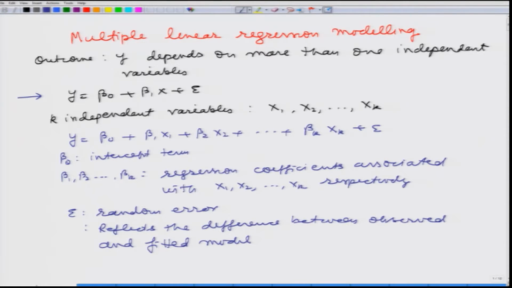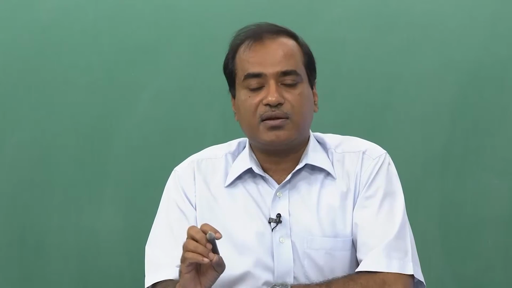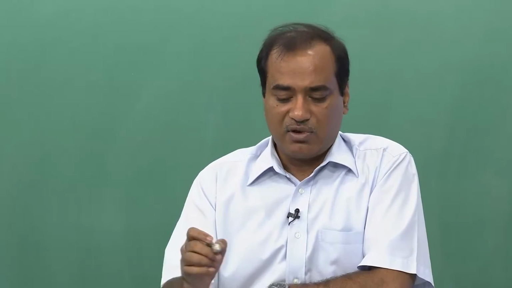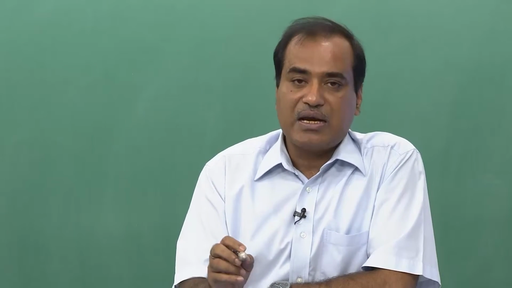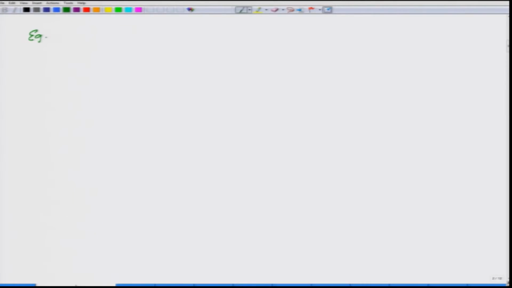Now, the situations in which we can use this multiple linear regression model are many. First of all, I try to extend the same example which I had considered in the case of simple linear regression model. In that case, I had taken an example of yield of a crop, where I denoted y as the yield of crop, and we had taken x as the quantity of fertilizer.